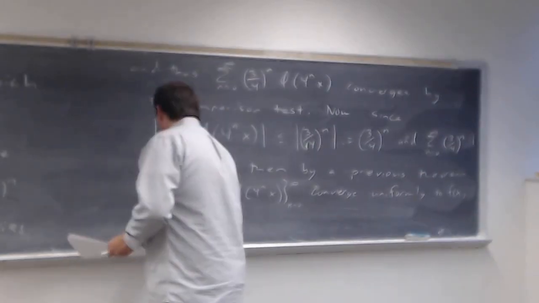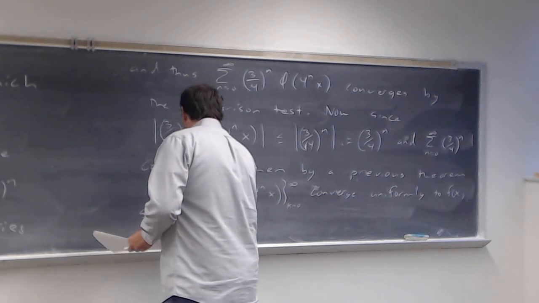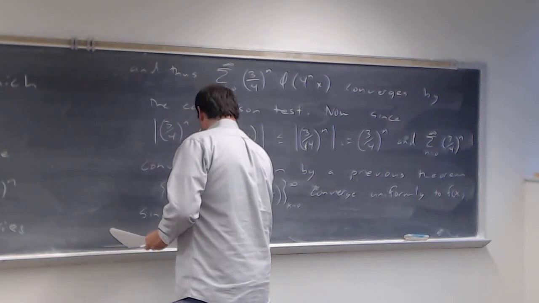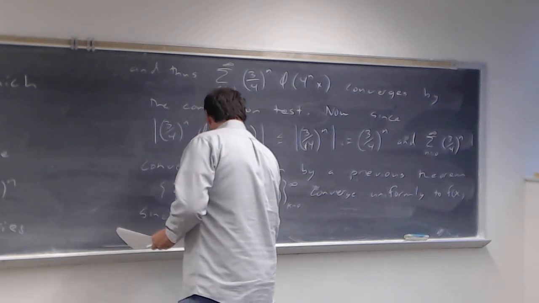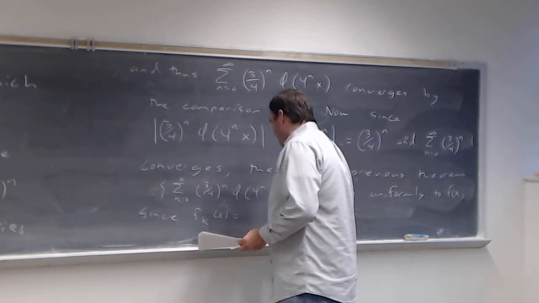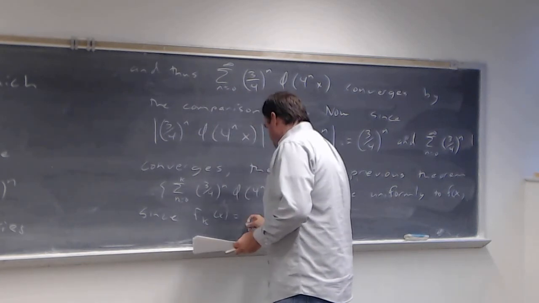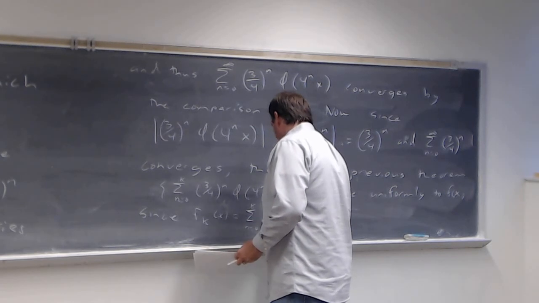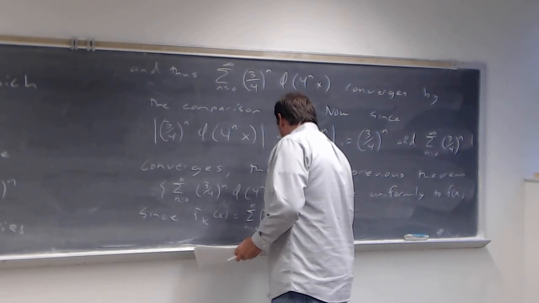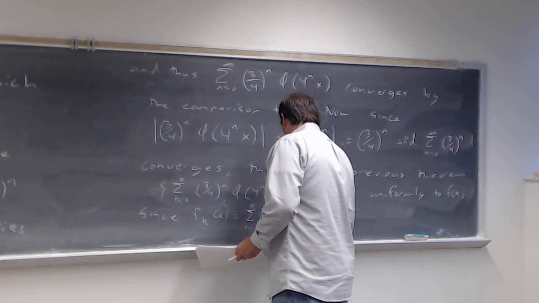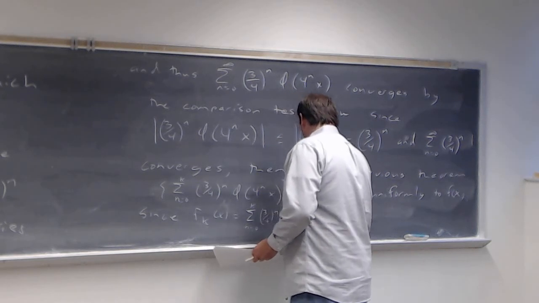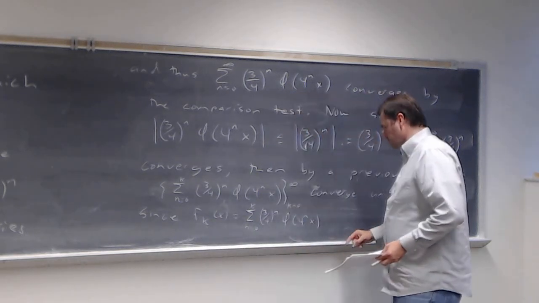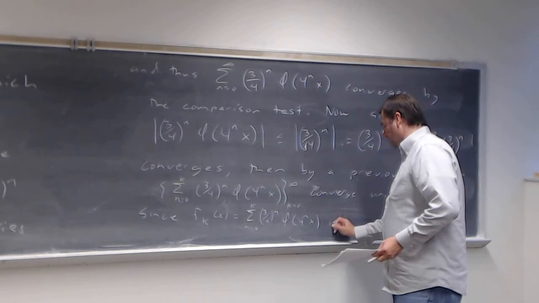And then since f_k of x equals the sum as n runs from 0 to k of (3/4) to the n times phi of 4 to the n times x, since that's what we have, it is continuous.